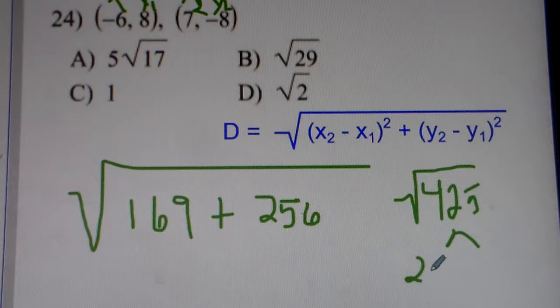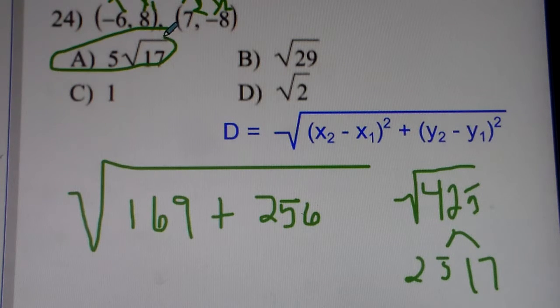That's going to be 25 times what? 17. 25 can be broken down to 5 and 5. So you have 5 on the outside and 17 on the inside. So your answer for 24 is A.